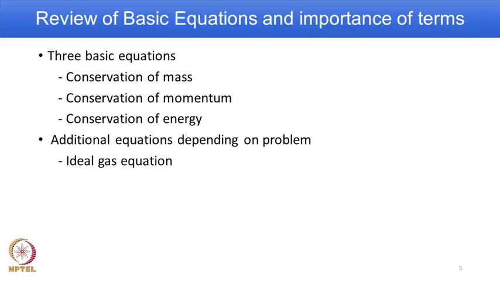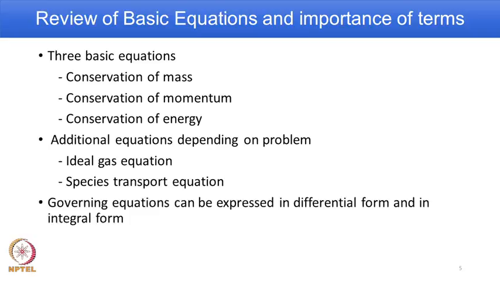For example, the ideal gas equation is used in compressible flows, and if you are interested in finding the concentration distribution, for example a pollutant dispersal problem, then you solve an additional species transport equation.